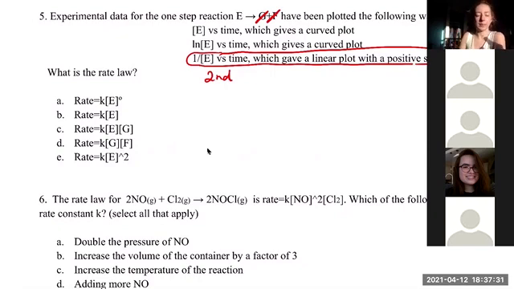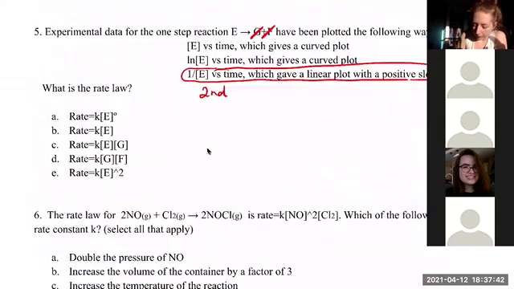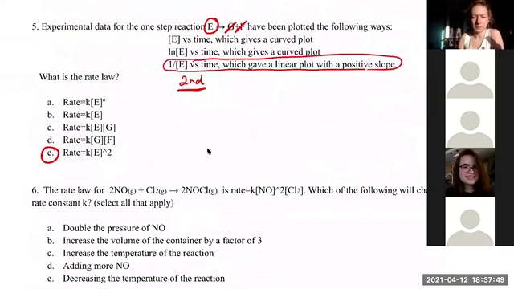The products don't help us make the products. The reactants help us continue and proceed the reaction. So we only care about the reactants. And we know it's going to be second order. So therefore, this is the only one that's right. Any questions on this one?